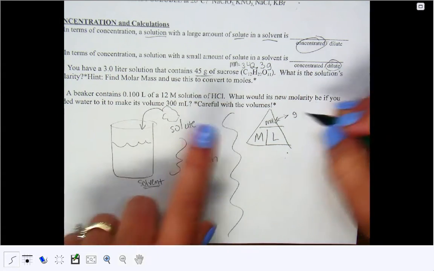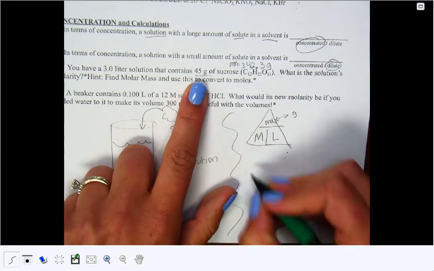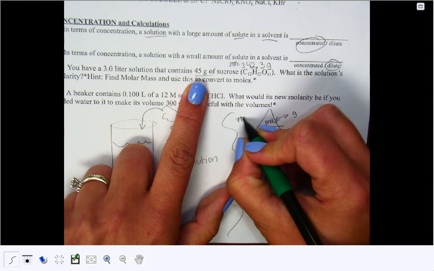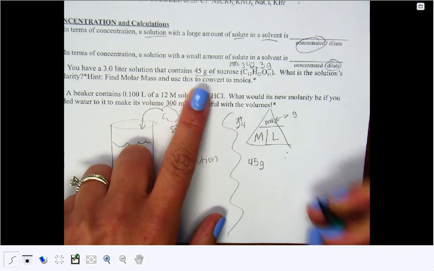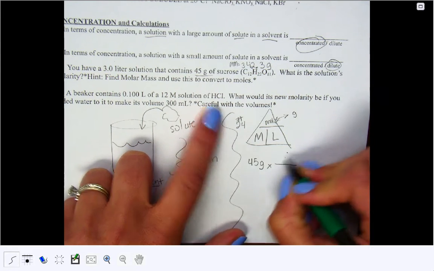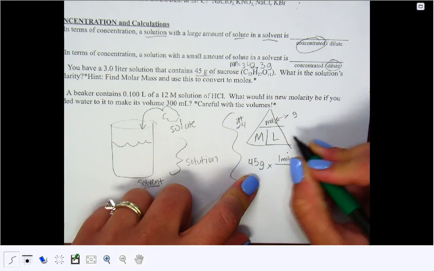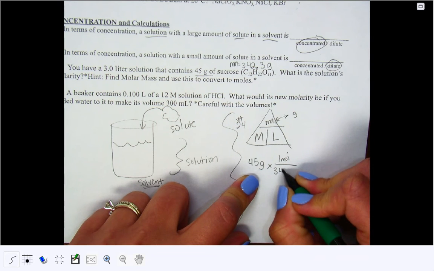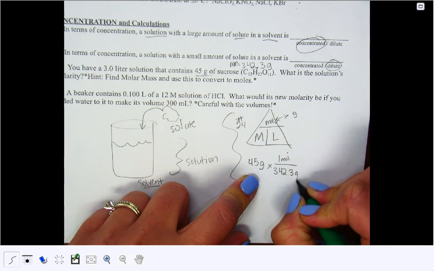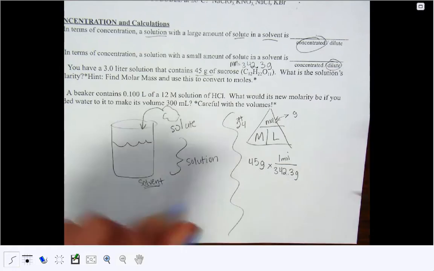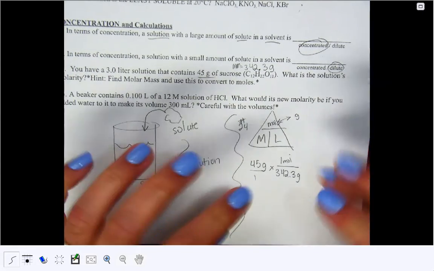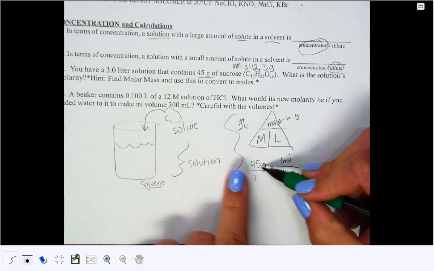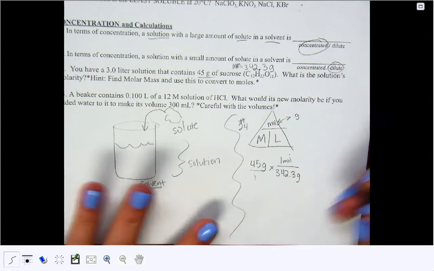All right, so continuing on with this, we're going to start with our 45 grams. So this is for number 24. Okay, I'm going to have my 45 grams. I'm going to do times in a line. I'm going to have my 1 mole of it is equal to the molar mass, which is 342.3 grams. So I'm dividing by that. Remember, this is over 1, so you're basically multiplying 2 of these fractions, which, since they're diagonal from each other, you can just divide them.